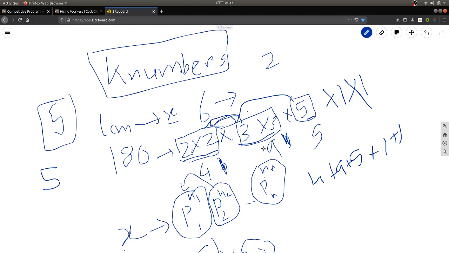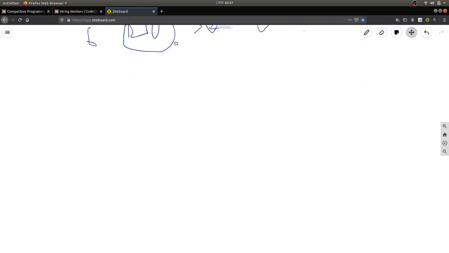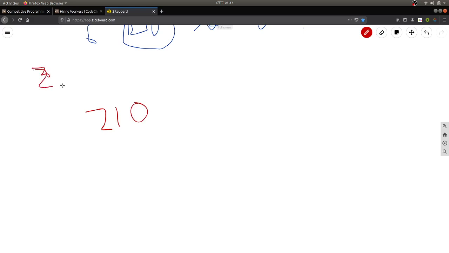What if it is smaller? Suppose it was given 210 and we have to choose 2 numbers.